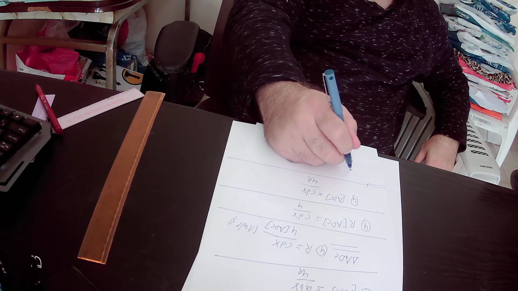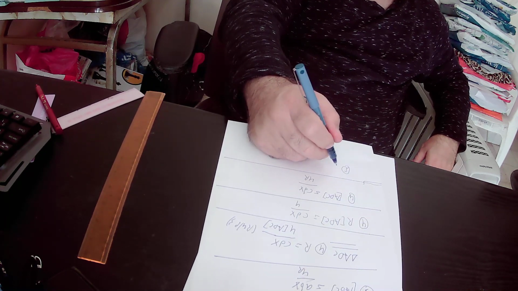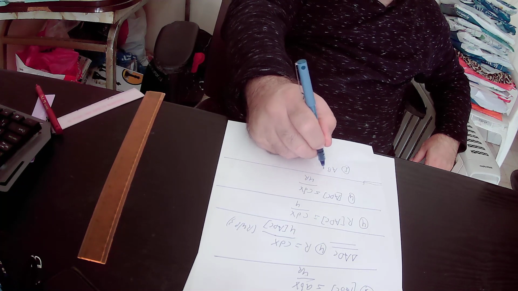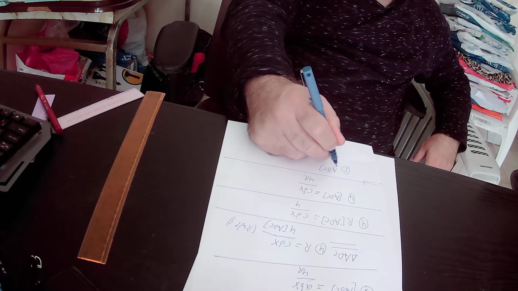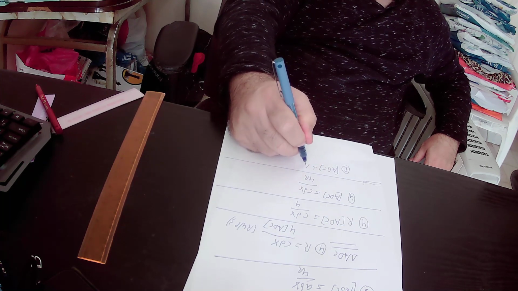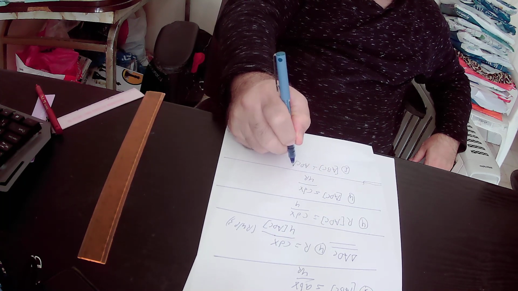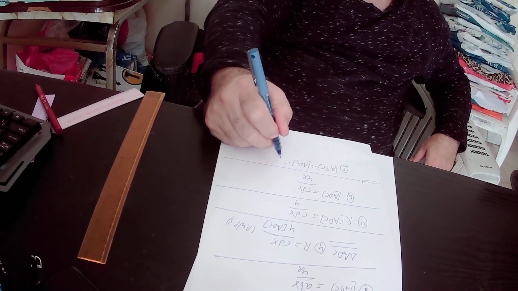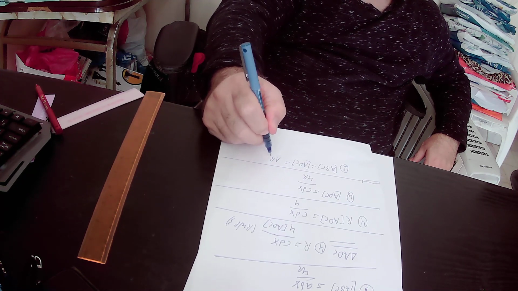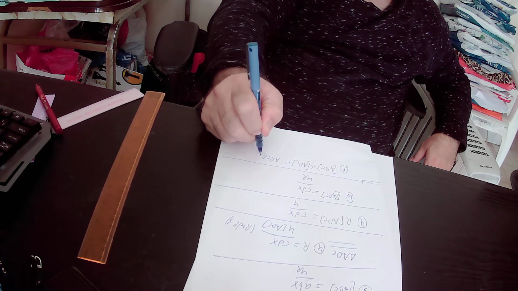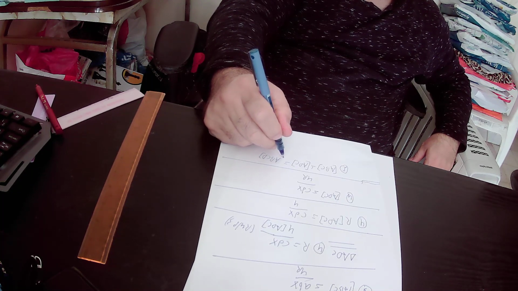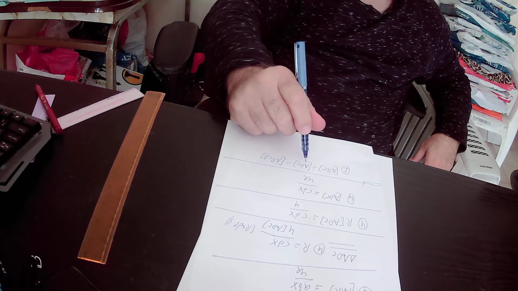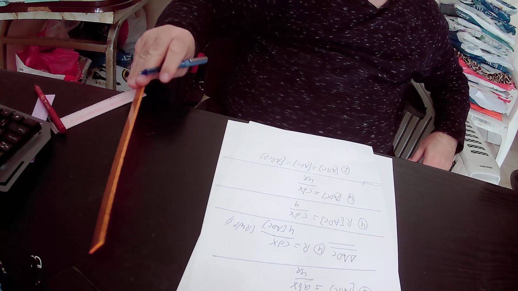According to equation number 1, the area of triangle ABC plus the area of triangle ADC will be equal to the area of quadrilateral ABCD, because quadrilateral ABCD consists of those two triangles, triangle ABC and triangle ADC. Okay?